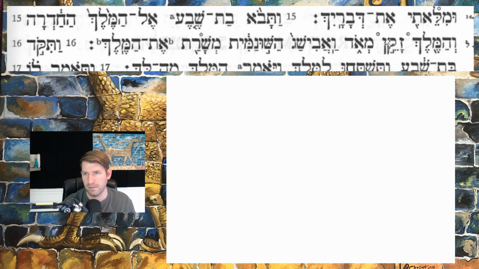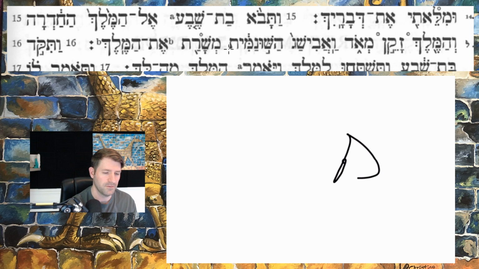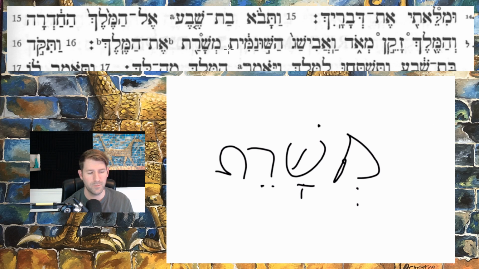Me'od is very. Zaken, old. Va'avishag, so this is sort of a parenthetical clause. Va'avishag hashunamit. Now I'm understanding. I'll have to look at the actual root. It's a masculine. It's probably mesharet because it's a feminine.